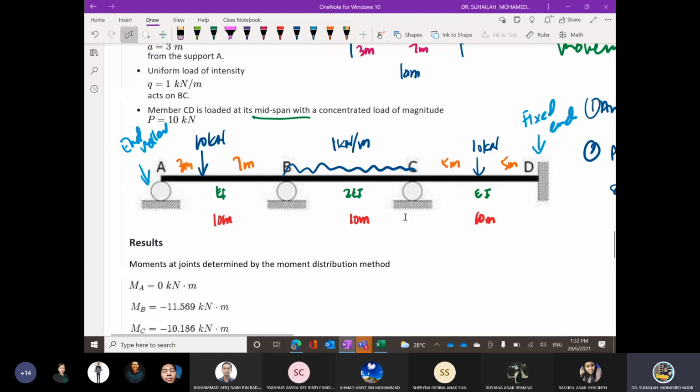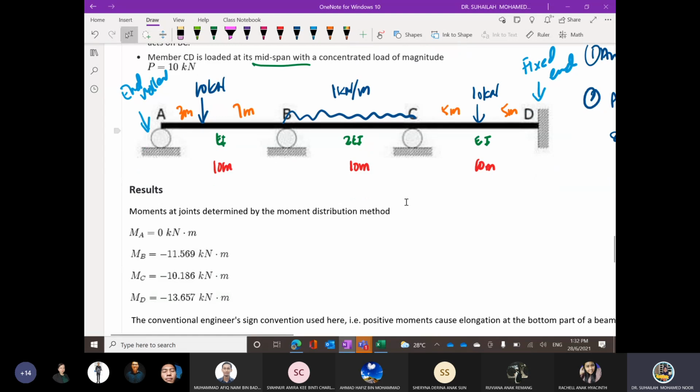Then we move to member BC, 2EI. This is internal member, so we need to use K. So for K, KBC, it is 4 times 2EI divided by L, where L is 10. It is 0.8 EI.